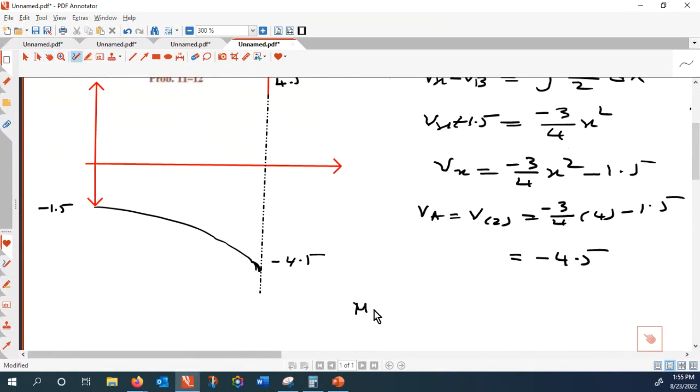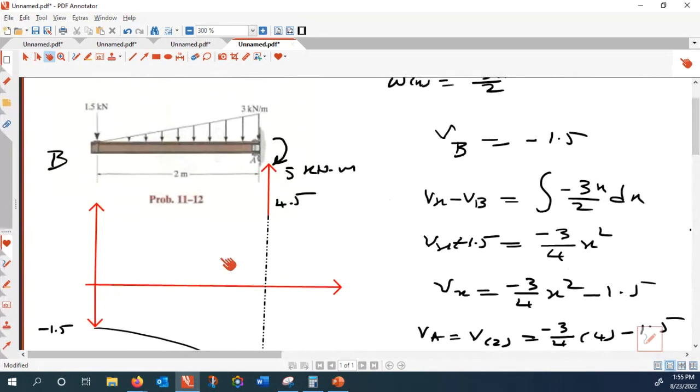So M of x minus M of B, that is the integral of V of x, minus 3 over 4 x squared minus 1.5 dx. So M of B is what? We don't have any bending moment at the beginning, so that is 0, isn't it? So I can write M of B is equal to 0.